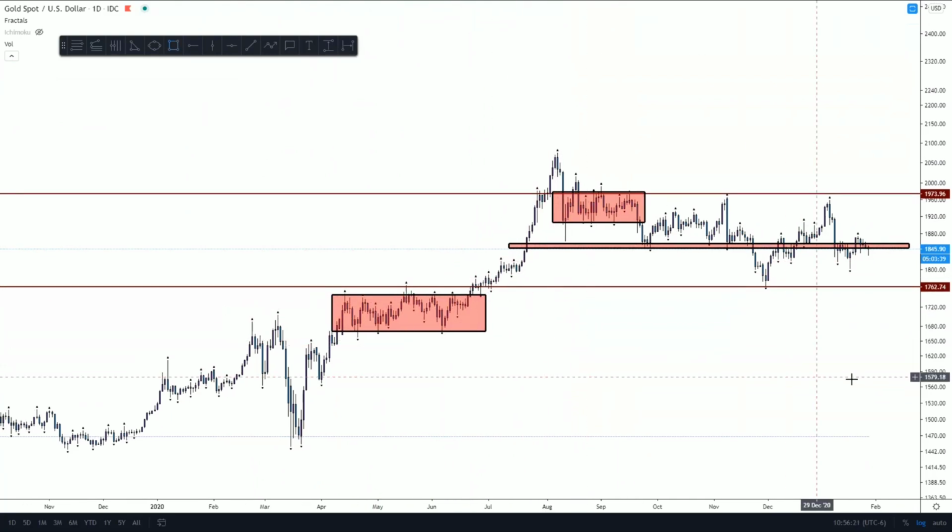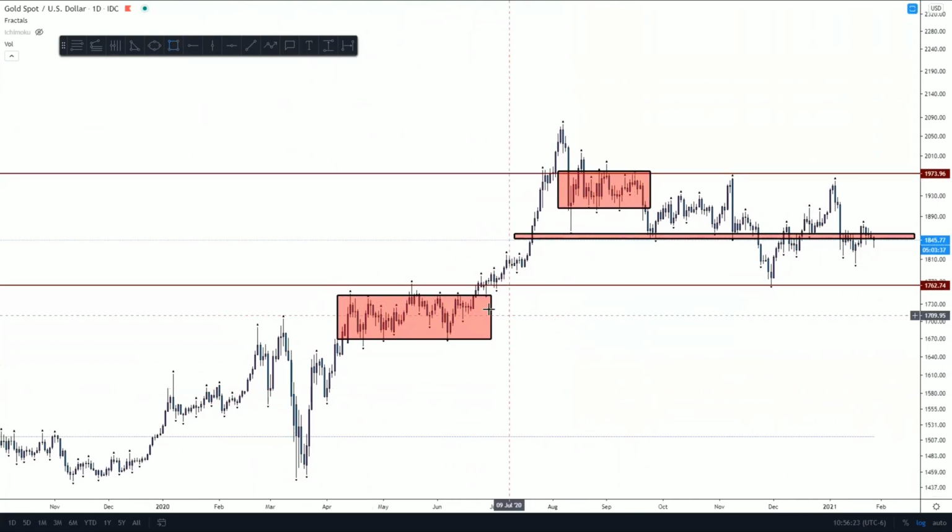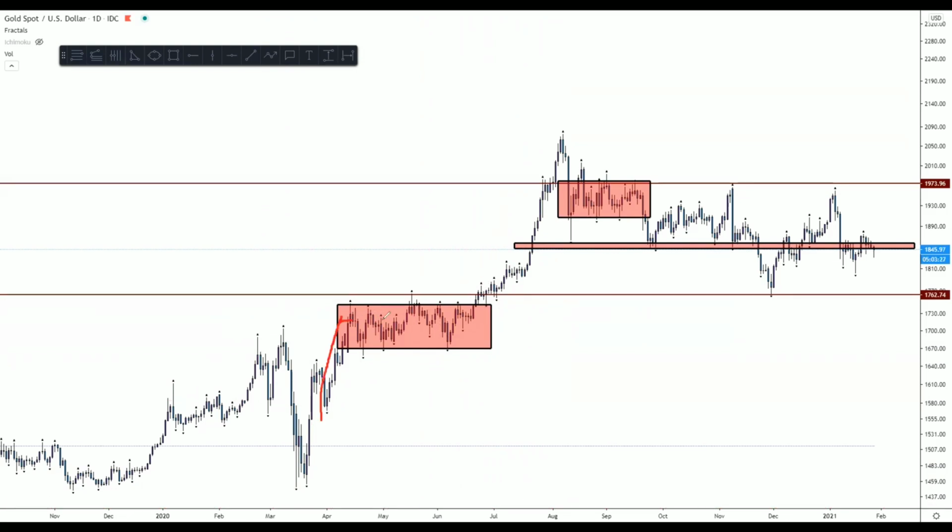When I say breakout, you don't want the initial break. You want to see a clean breakout, and then you want to see what the next candle is going to say. So in this instance, we have a rally, then we had an accumulation phase, and then another rally to the upside.